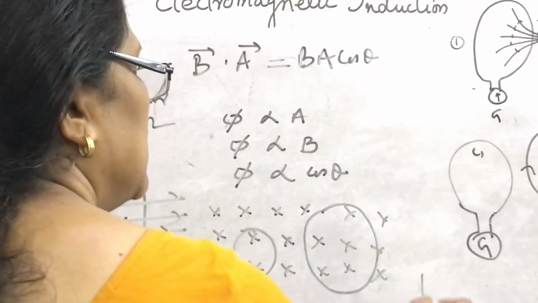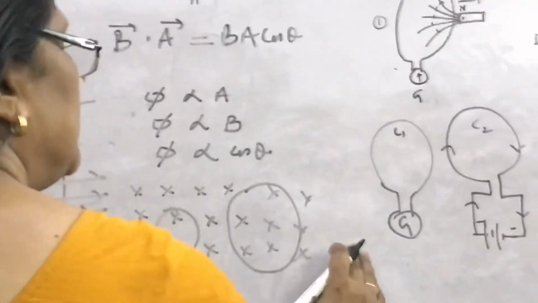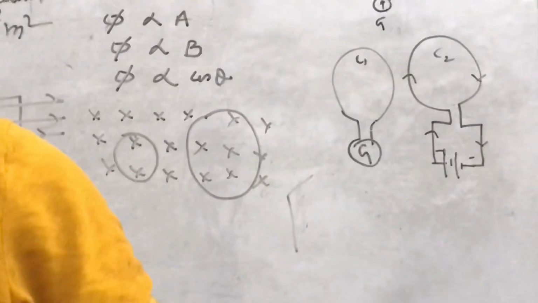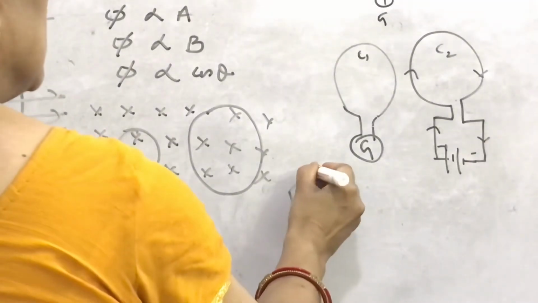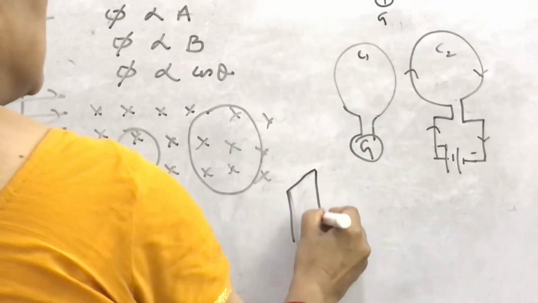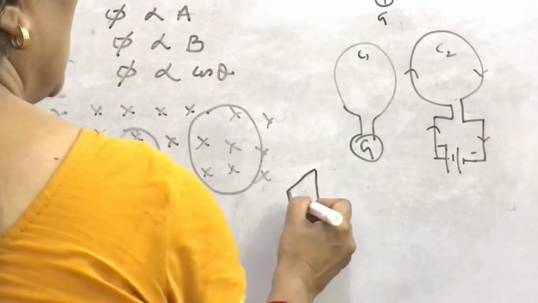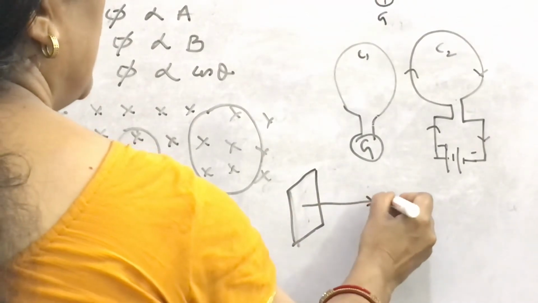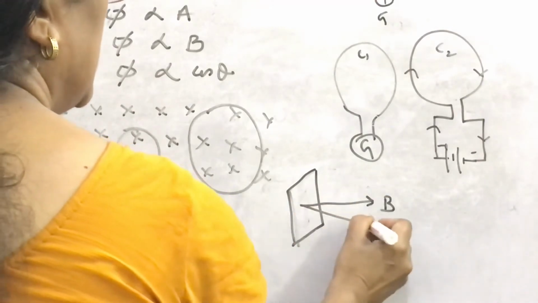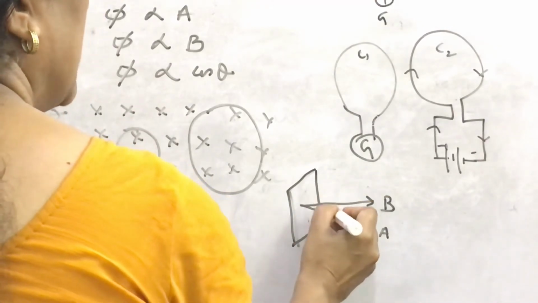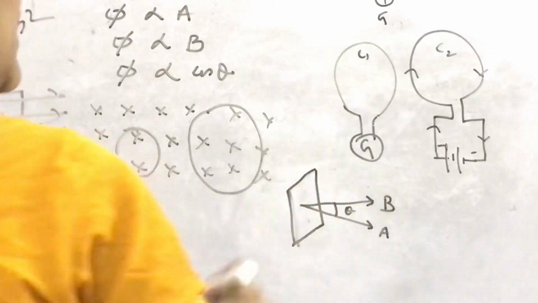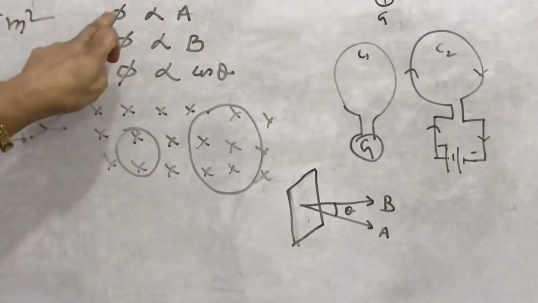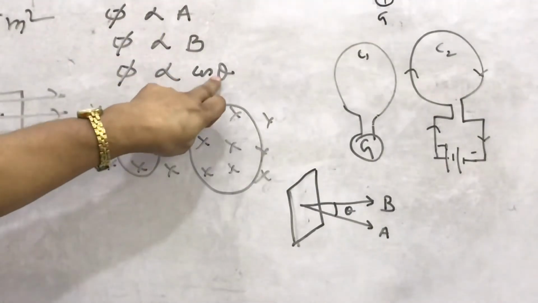If the magnetic field is shown like this, suppose this is the loop and this is the magnetic field, and this is the area vector. This is the angle between the magnetic field and the area vector. How will you find that phi is directly proportional to cos theta?